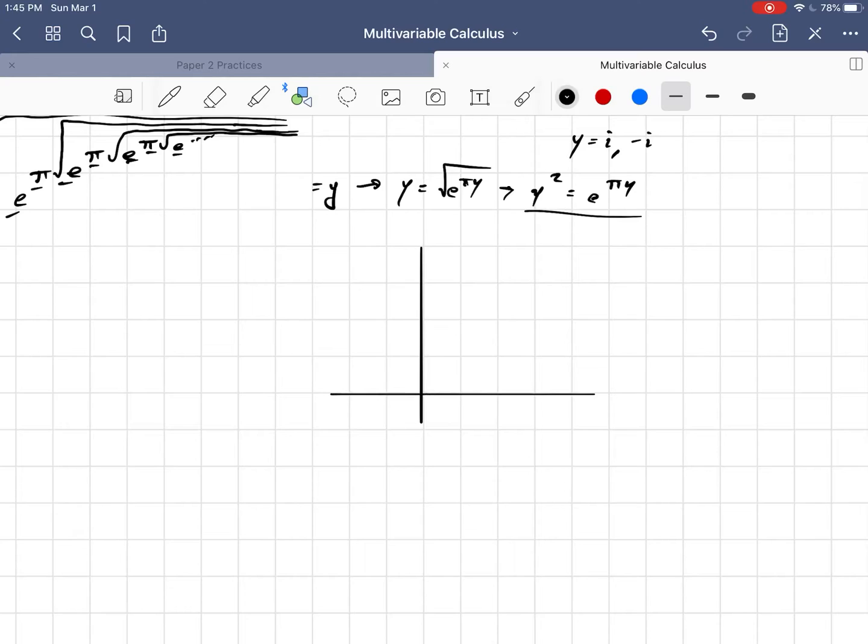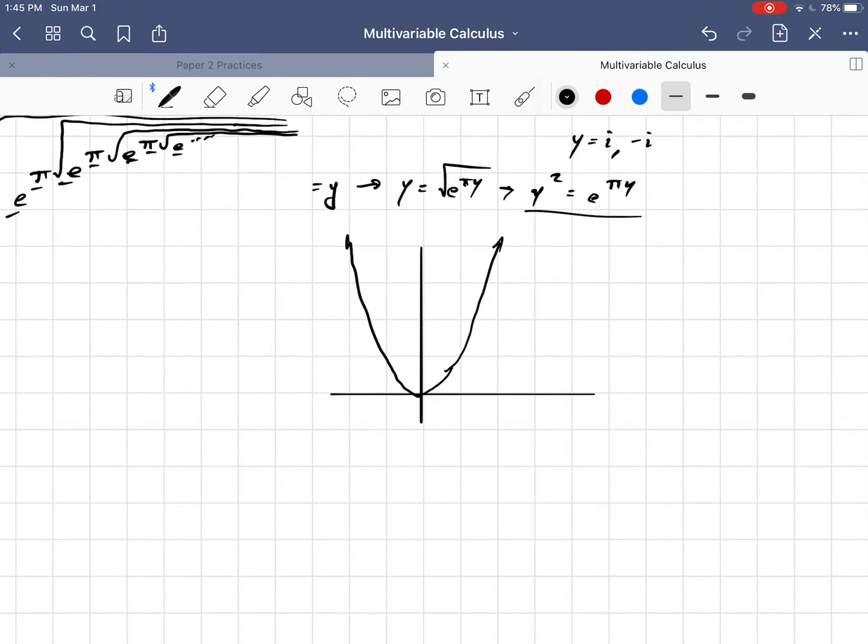Like, if I were to graph it, well, we have y squared, and that's just a parabola, so I'll do my best to accurately graph it here. So y squared is going something like that.